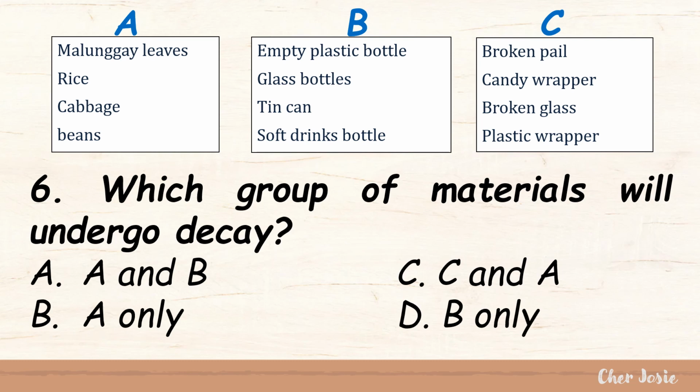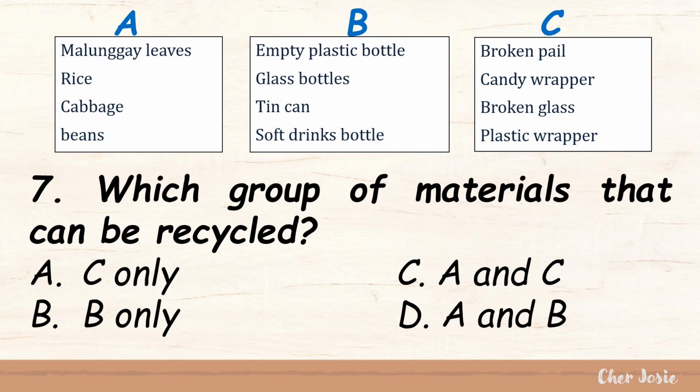Which group of materials will undergo decay? Is it A. A and B, B. A only, C. C and A, D. B only? Go. Ballpens up. The correct answer is letter B, A only, which is malunggay leaves, rice, cabbage, and beans.